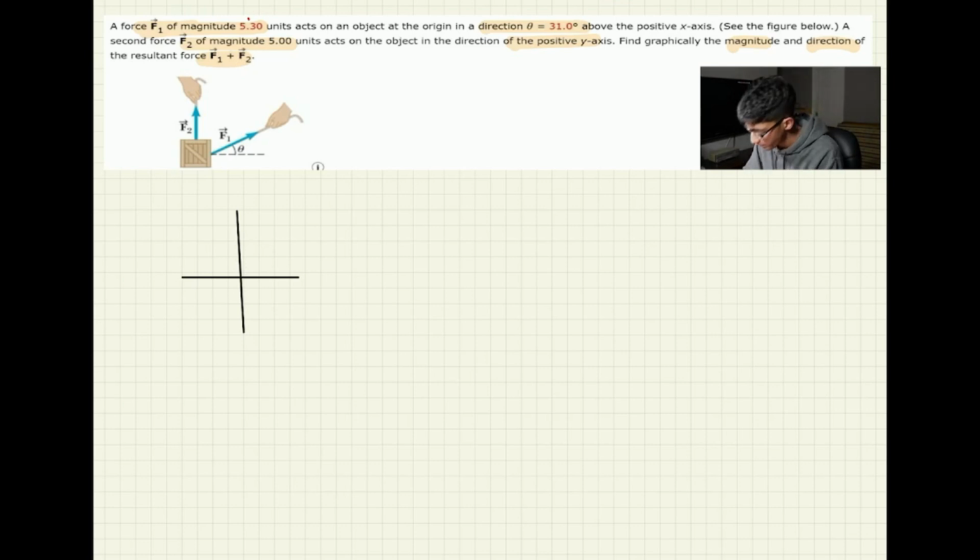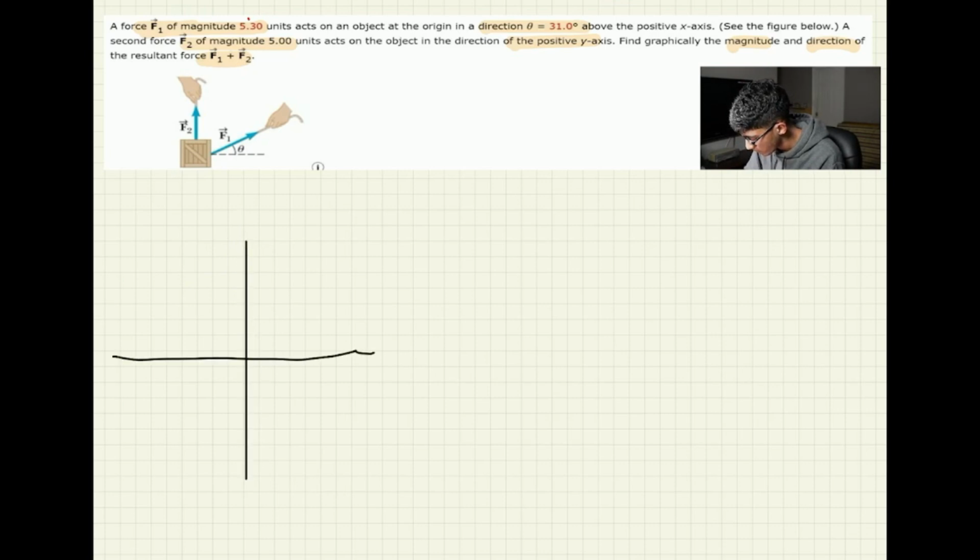And so we're going to draw the graph right here. F1 is more like this, has an angle of 31.0 degrees, and this is F1. And F2 is right here.